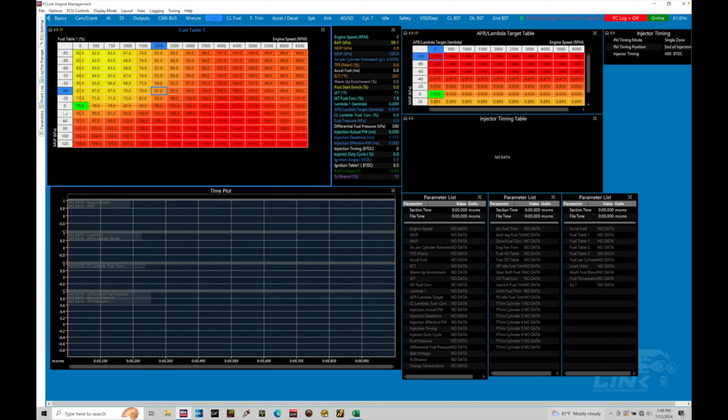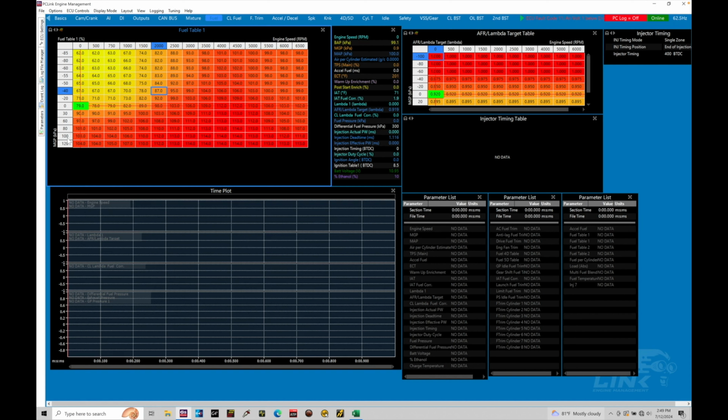Then if you start to go full throttle on a forced induction engine, you're building positive manifold pressure, your MGP is going to increase. Easiest way to think about this is 100 MGP. So let's assume again sea level to keep things easy here. 100 MGP would be the equivalent here of about 14 to 15 PSI of boost pressure.